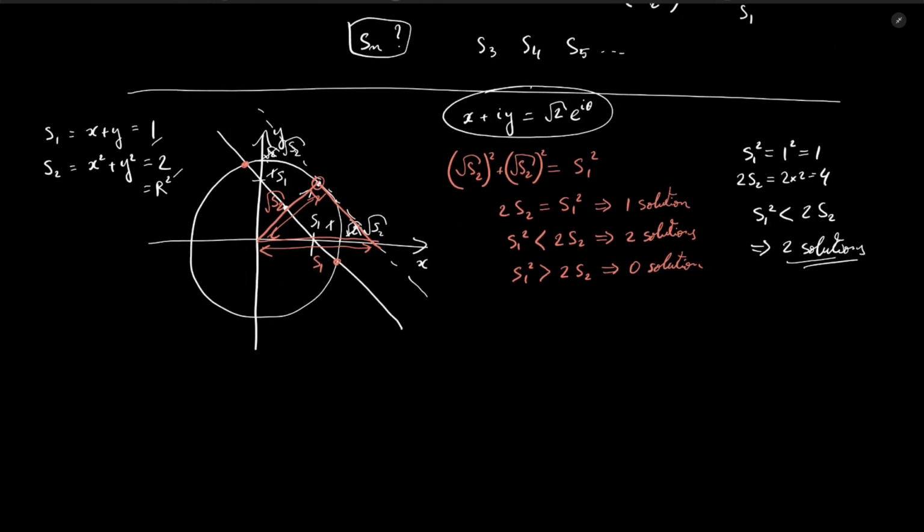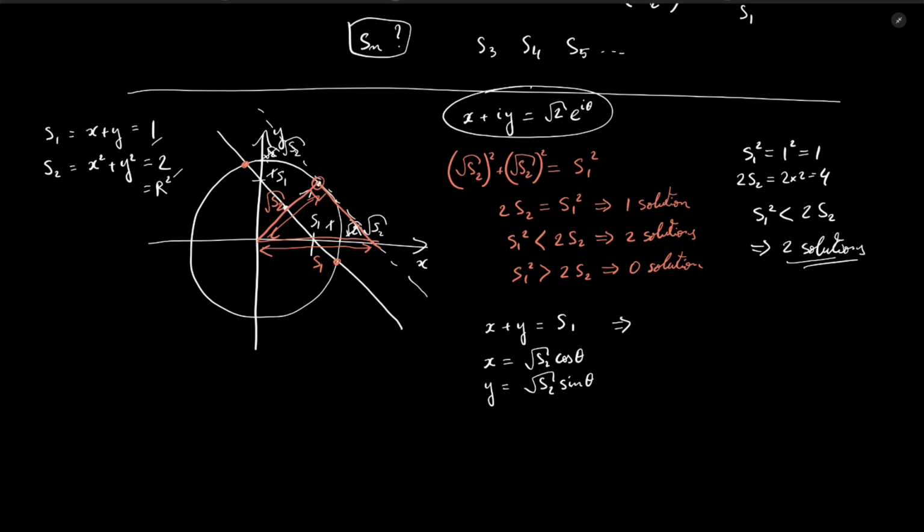What we know about x and y is that x plus y is equal to S1. And we also know that x is equal to the square root of S2 cosine theta, and y is equal to the square root of S2 sine theta.